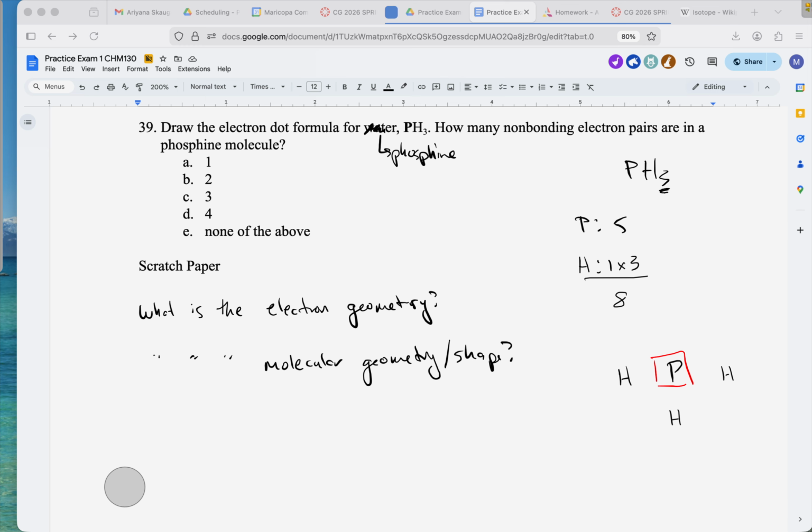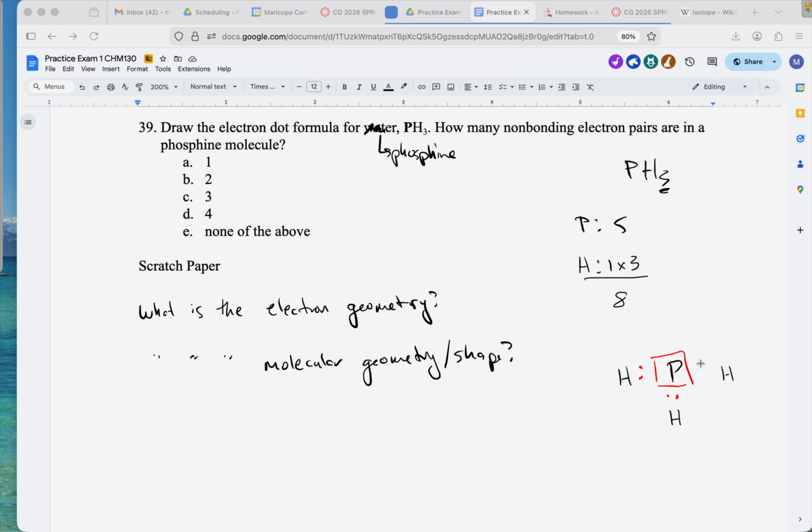It goes to the more electronegative. In this case, phosphorus is more electronegative than our hydrogen, so we can now start placing them. Once we've identified our most electronegative, now we can start saying, do I have a preference where I want to place them around it? Okay, that's where you could start saying, well, I'm going to place them in the space between atoms. That's fine.